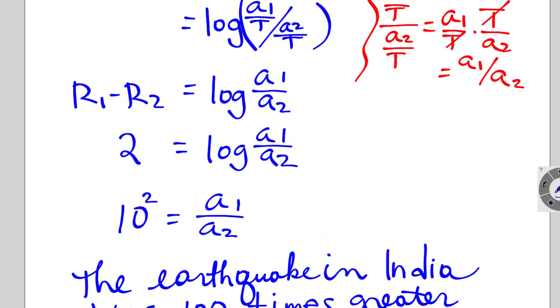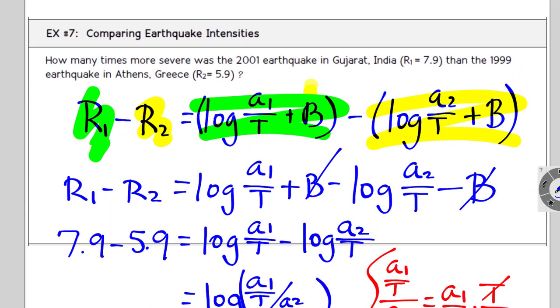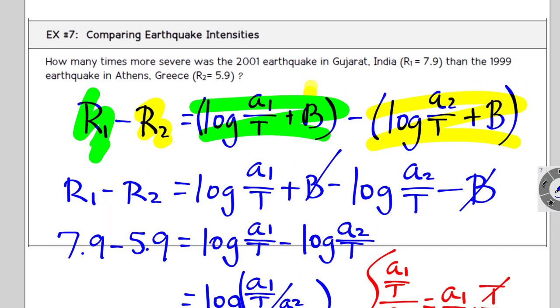Just as a recap, a lot of this was just reducing the equation to what we needed. Remember the question asked how many times more severe was one earthquake than the other.